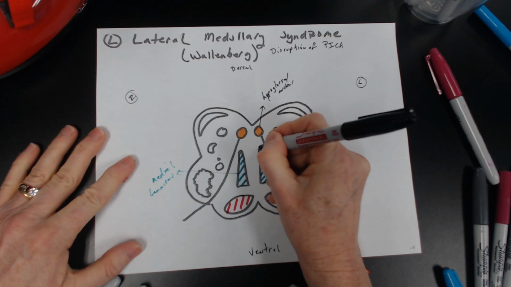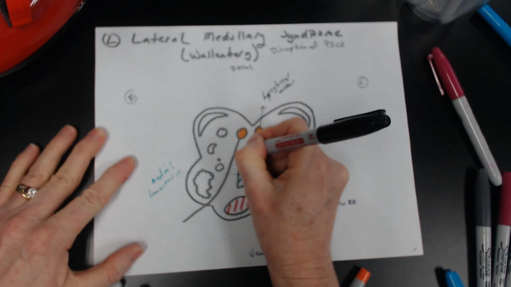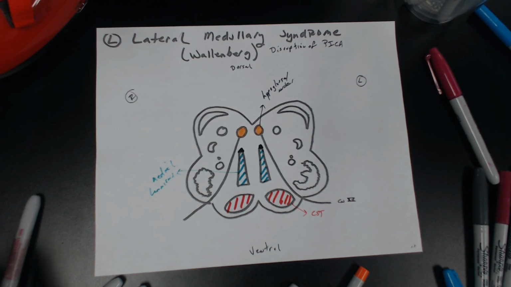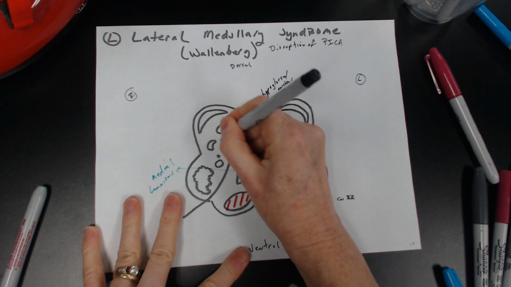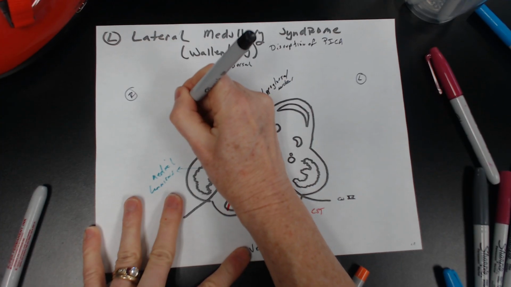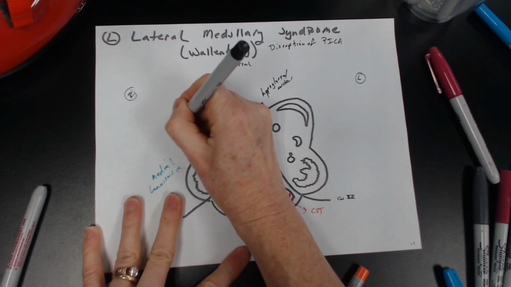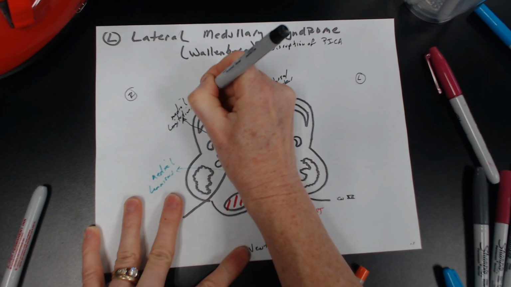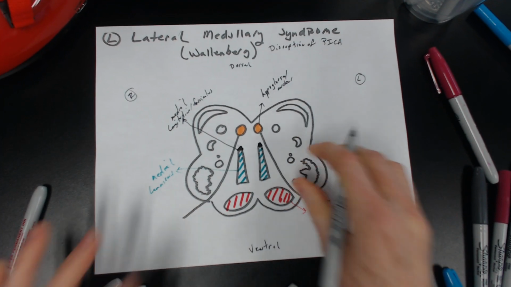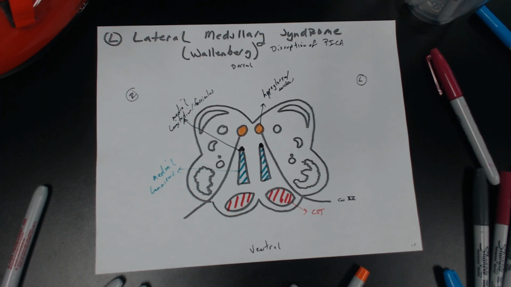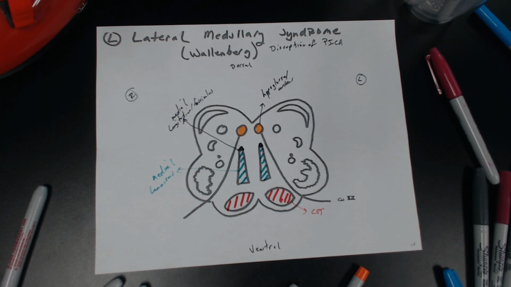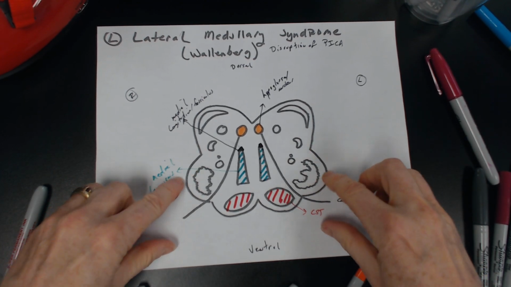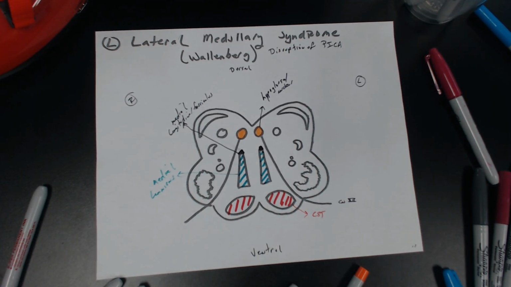Dorsal to the medial lemniscus, sitting here on top, it's going to be your medial longitudinal fasciculus. Here in this bump known as the olive is going to be your inferior olivary nucleus.